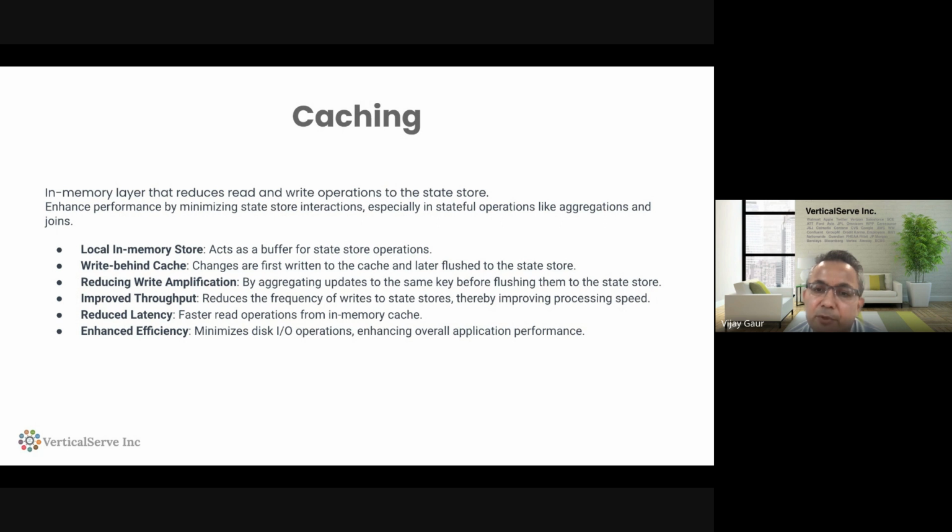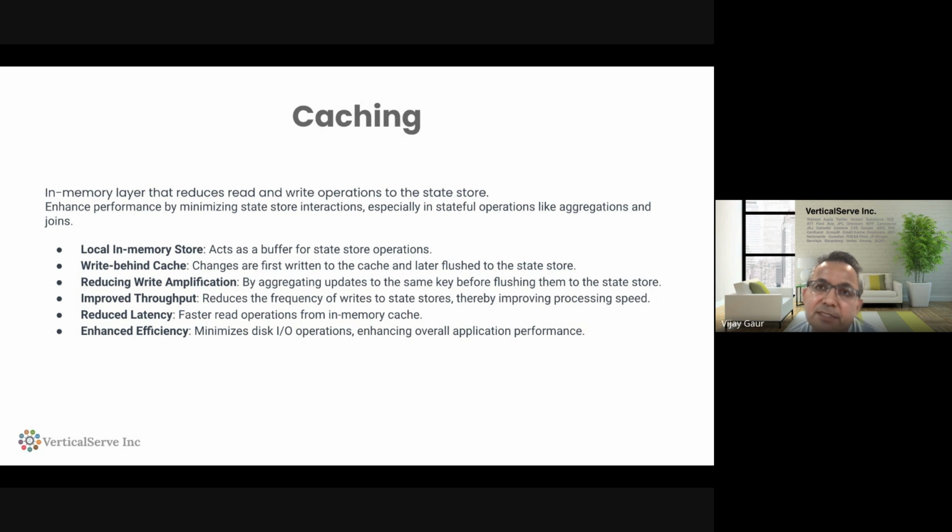I think it's 10 MB or something, and you can easily configure a larger cache. These caching layers store the intermediate data, again keyed, before it passes down to the state store. By default it's enabled, and you can disable it.